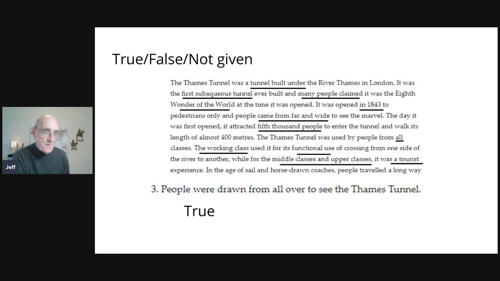We do want to confirm that, though. You don't always want to be guessing, but that's just a little trick. If it comes down to it, and you have one question to go, maybe you're short on time and you want to keep going and get moving on to the next set of questions, if you haven't used not given, put it in. Or maybe you have 5 questions and you do 1 and 2 and you're sure of the answers, but you're not sure of number 3. So you go to number 4 and you find out that that's true, and the next one's false.